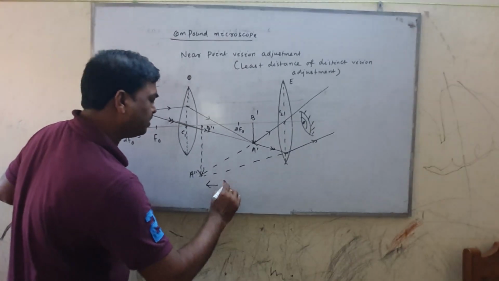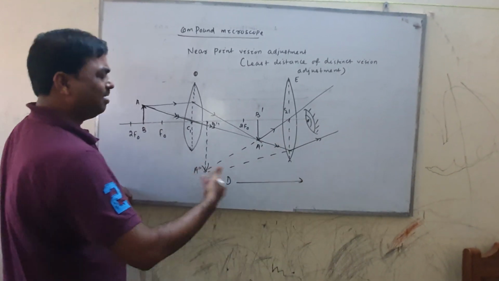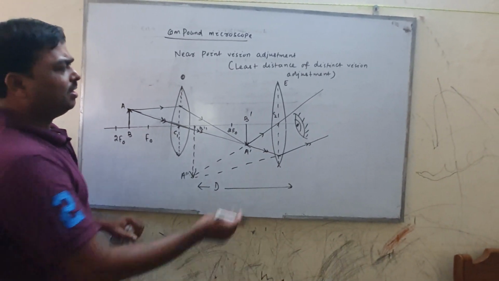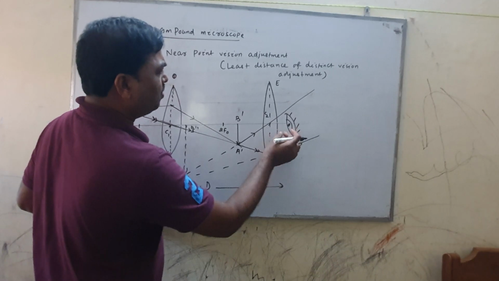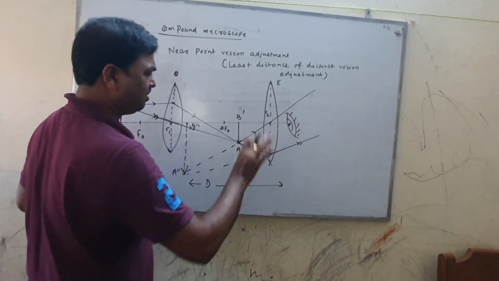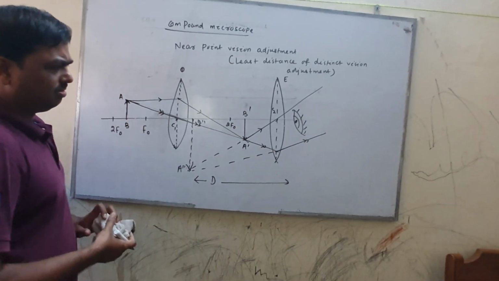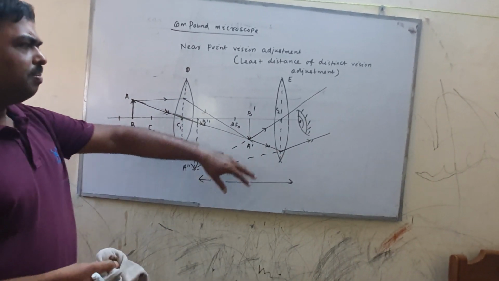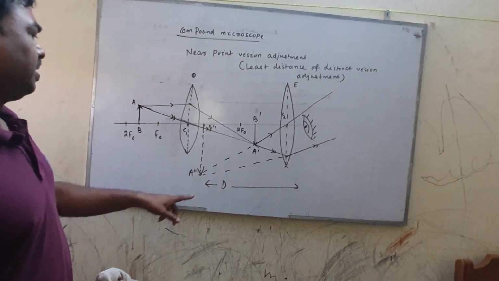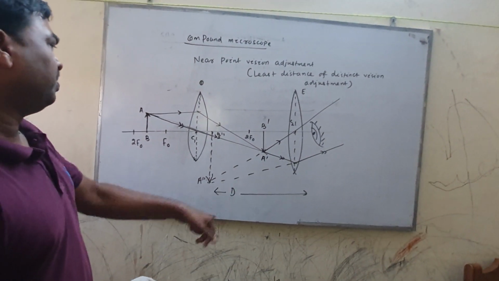Say the distance of the image from the eye lens is D. Then the gap between the human eye and the eye lens is negligible. Ignore it for now; there is a formula, but ignore it in this derivation particularly. D is the near point distance.